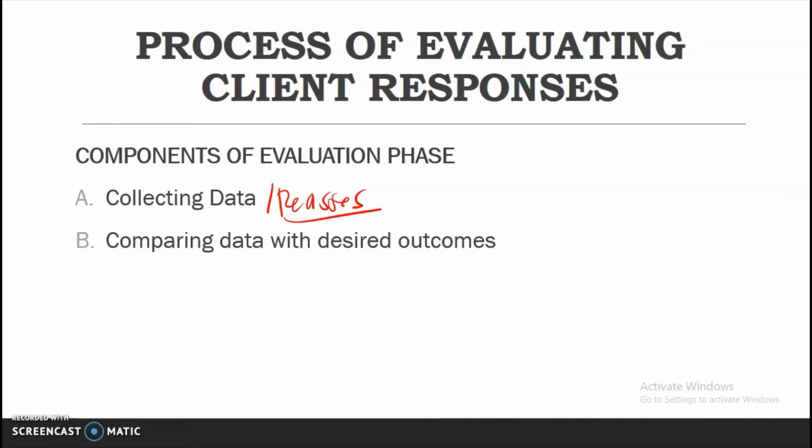So during this second step under your evaluation phase, comparing the data with the desired outcome, we will check now the temperature that we set as part of our goal or desired outcome during the planning phase, if it is within the range during the evaluation phase. So if the range that we put there is 36 to 37.4, we will compare the actual data we have collected during the evaluation phase to see if it is within that normal range that we set during the desired outcome setting.